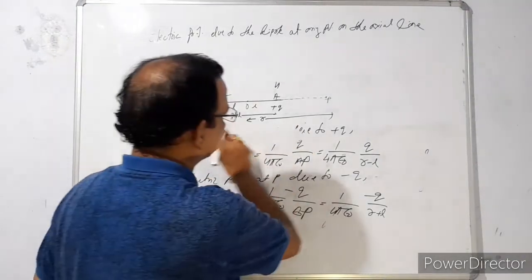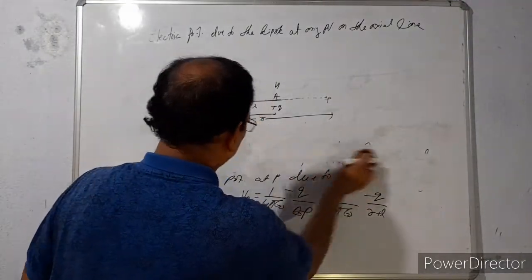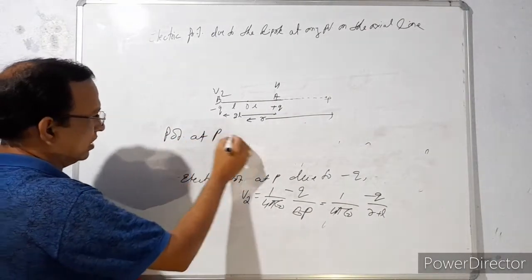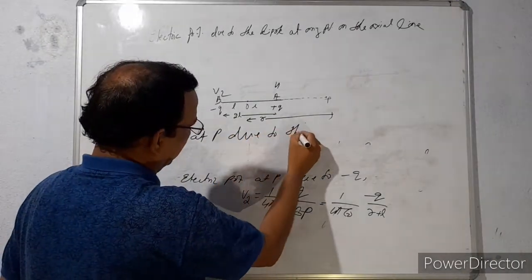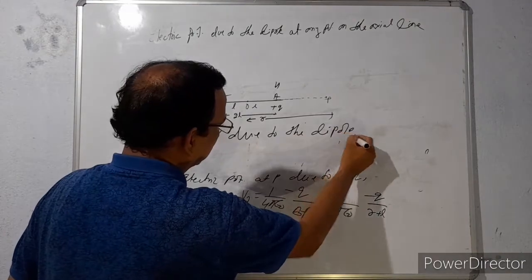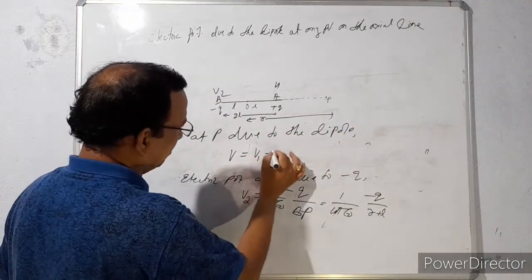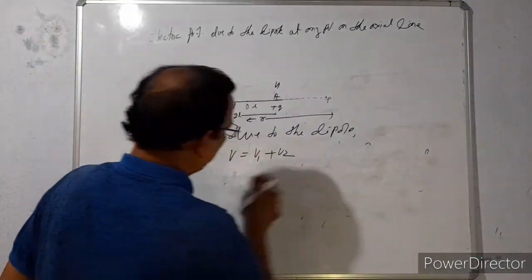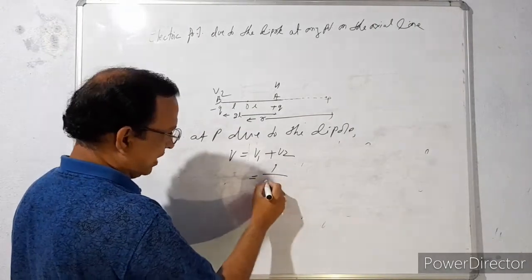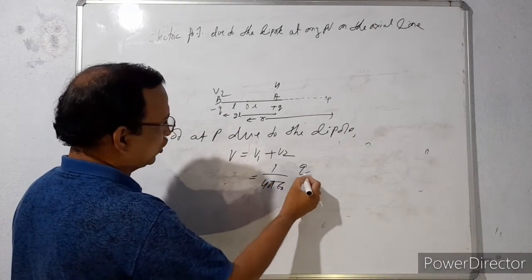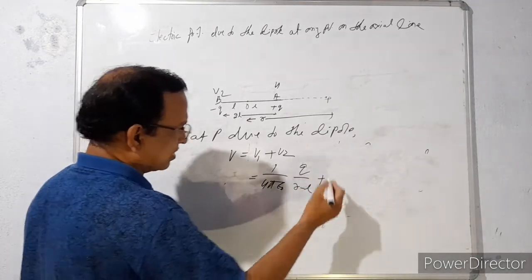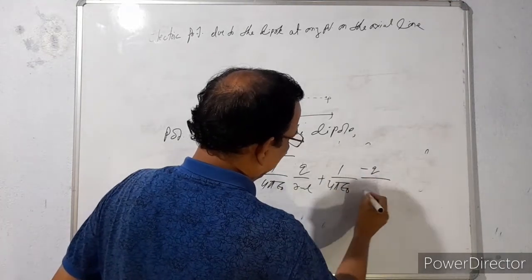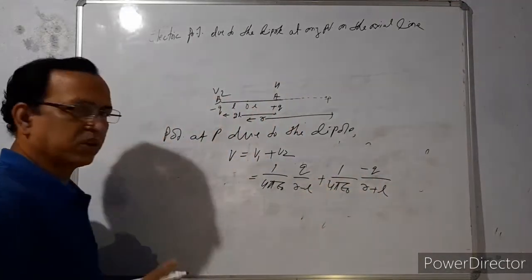So potential at P due to the dipole, V is equal to V1 plus V2. What is V1? V1 is equal to 1 by 4 pi epsilon naught Q by R minus L, plus V2 is equal to 1 by 4 pi epsilon naught minus Q by R plus L. Okay.